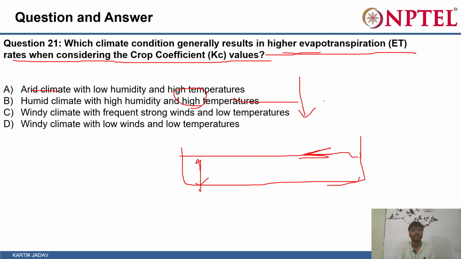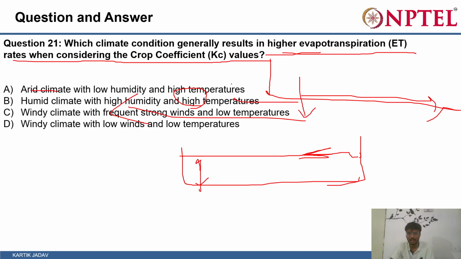Instead it moves away, either up or down or to any side. If this saturated air moves down and fresh air comes, then evaporation will start. So this may not be the correct answer.